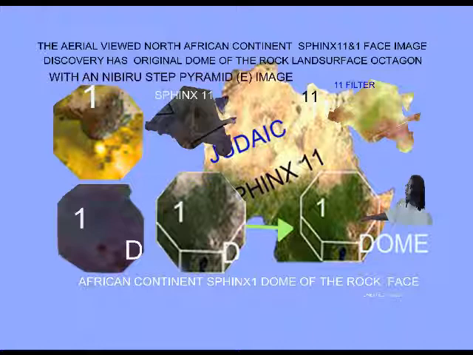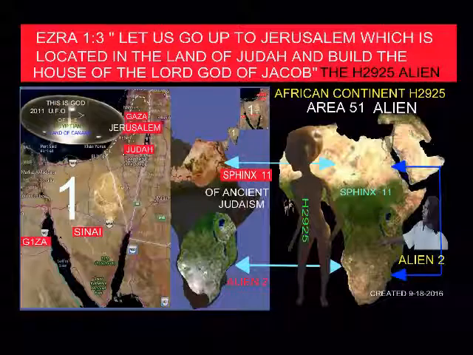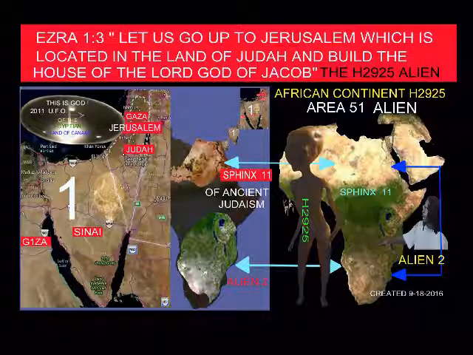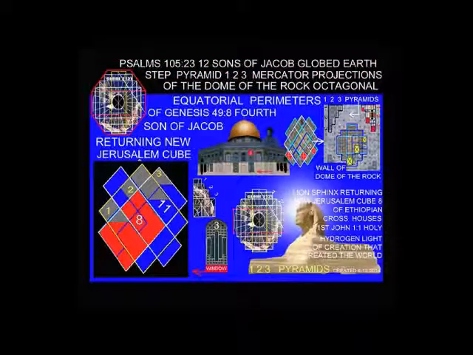I'm showing all those images in my video, there's a second Egyptian Sphinx face as we reviewed the 11th area view northeast African continent geographic land surface area, where Ezra 1:3 places Judea within. So at the base of this real Egyptian triangular desert area representing the Egyptian headdress, we see a second octagon.